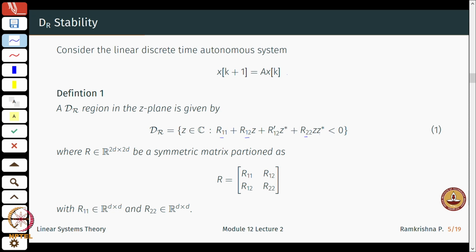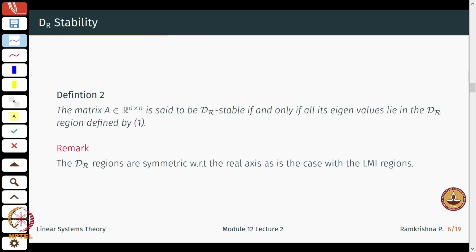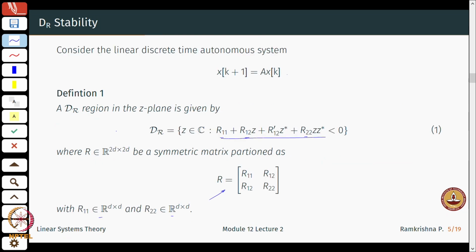The D_R region is represented by this particular LMI, where R11 and R22 are of these dimensions, and overall I can write R as a partitioned matrix with R11, R12 symmetric, and R22. The matrix A is said to be D_R stable if and only if all its eigenvalues lie in the D_R region defined by this, and what defines these regions is the choice of matrices R11, R12 and R22.